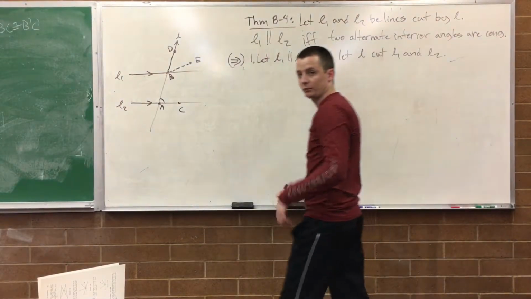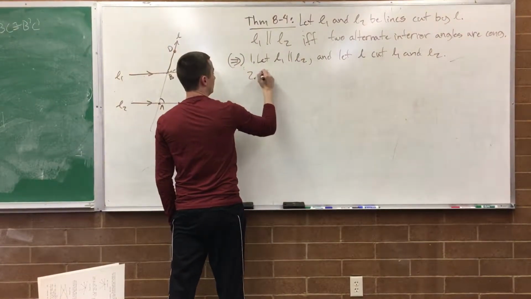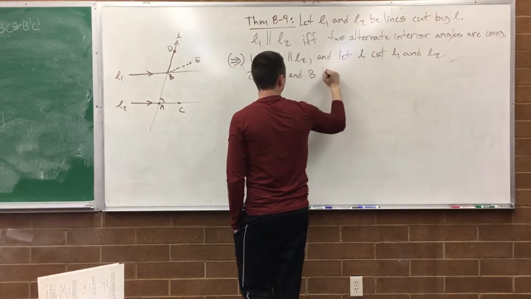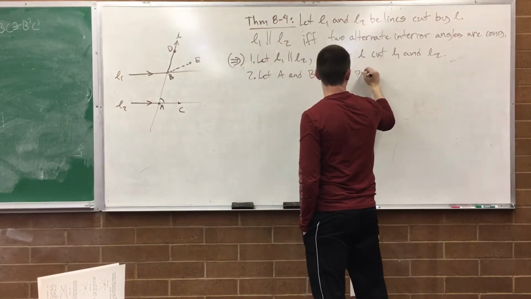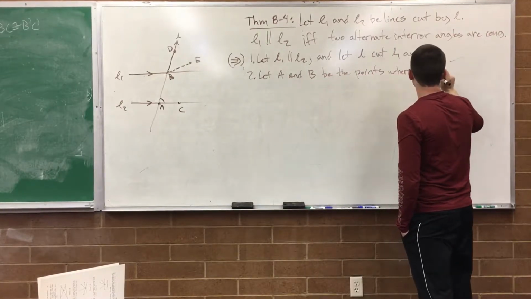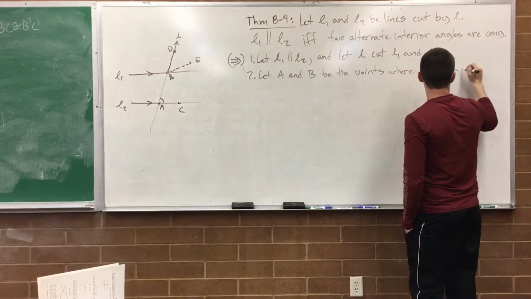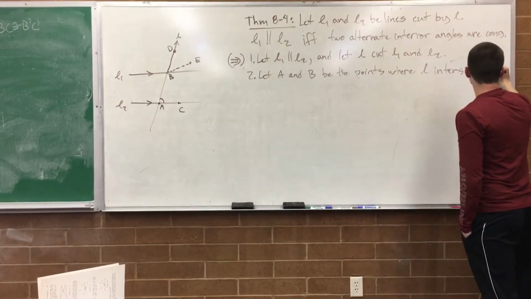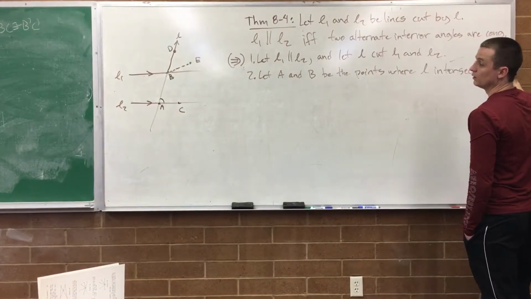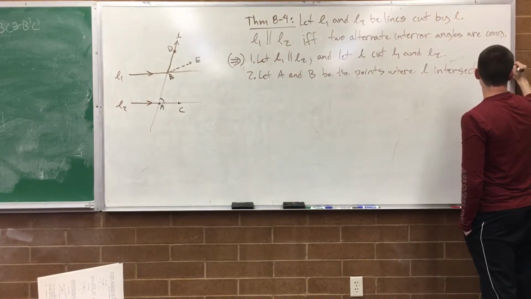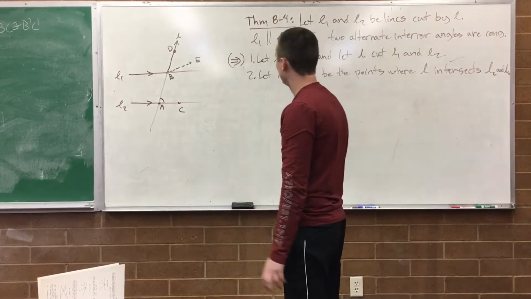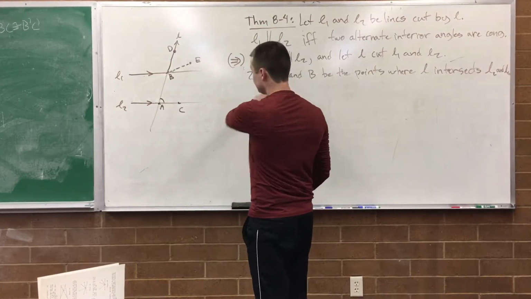So cut just means intersects both of them. 2, let A and B be the points where L intersects L2 and L1, respectively. But I won't write that. Good catch. So then, we've got those points named.